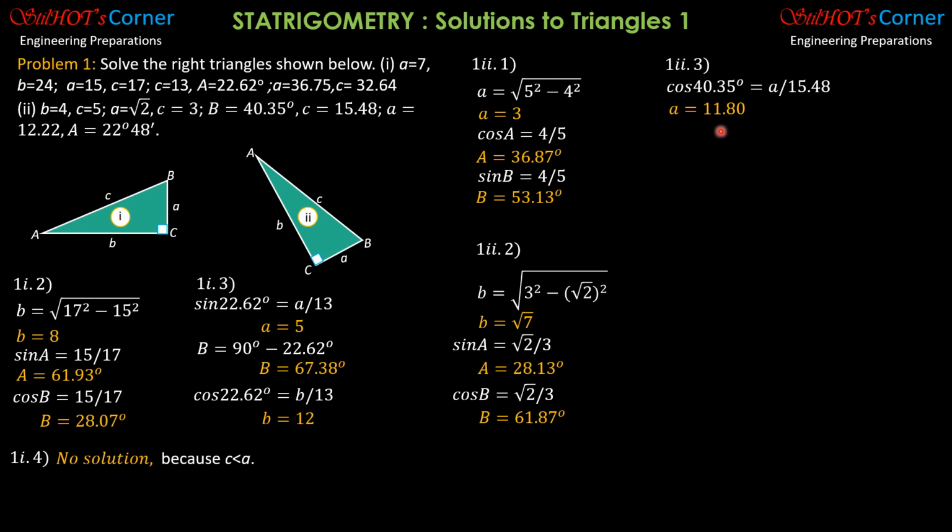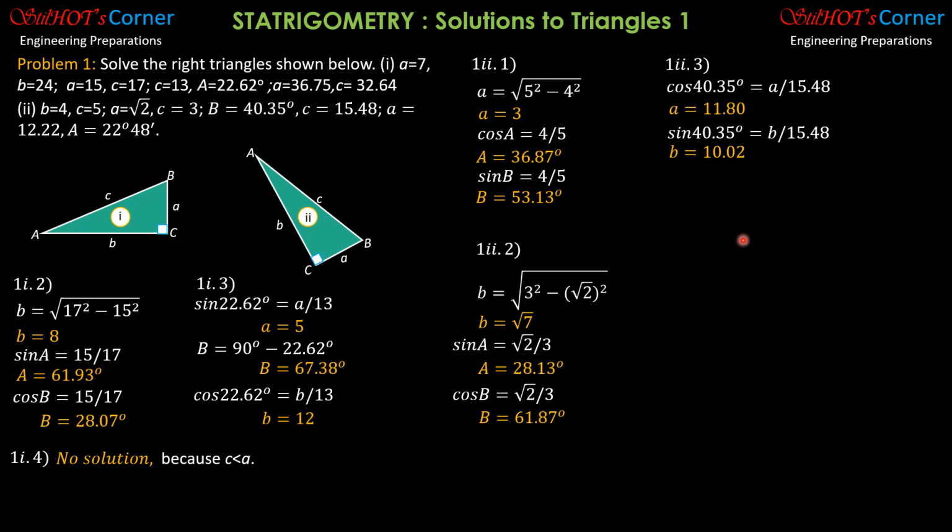Then for side B, sine of 40.35 equals side B over C. So B is 15.48 sine of 40.35 degrees, and that is 10.02. Also notice that the square root of 11.8 squared plus 10.02 squared should be 15.48.